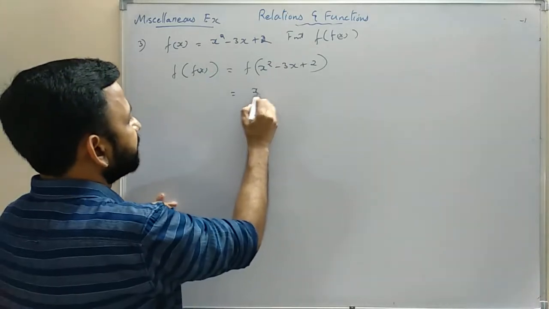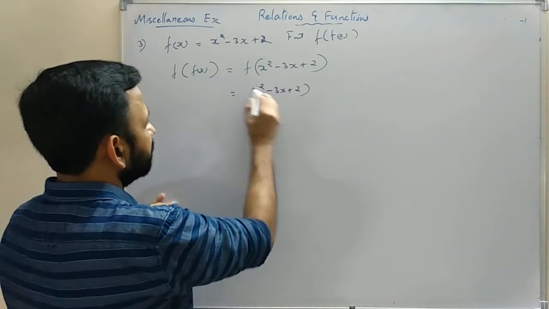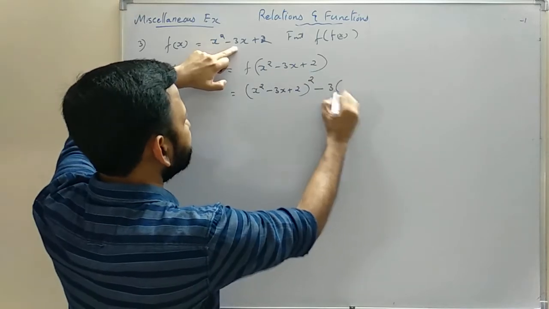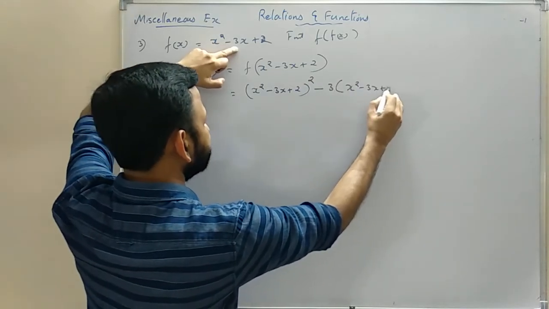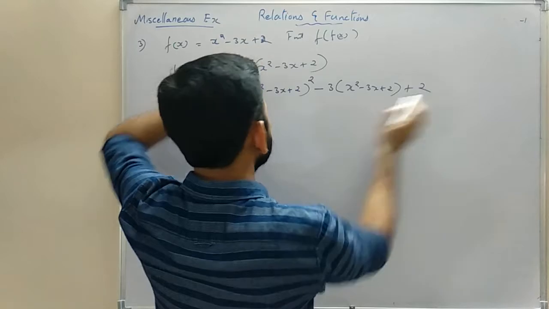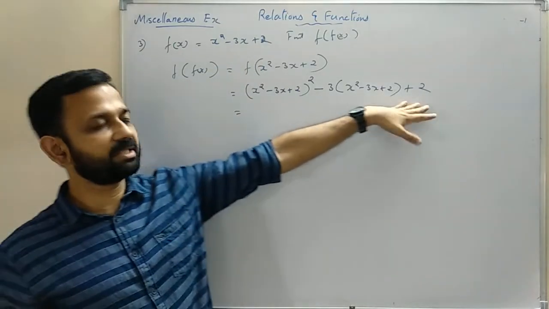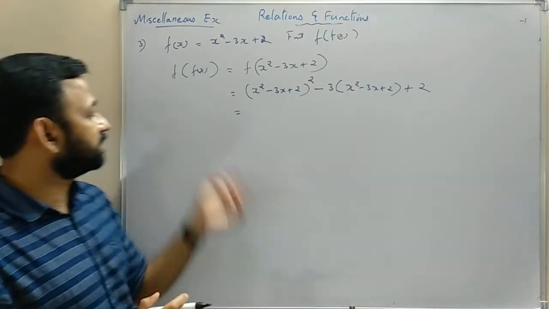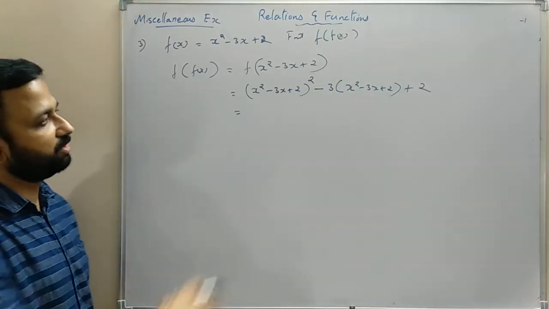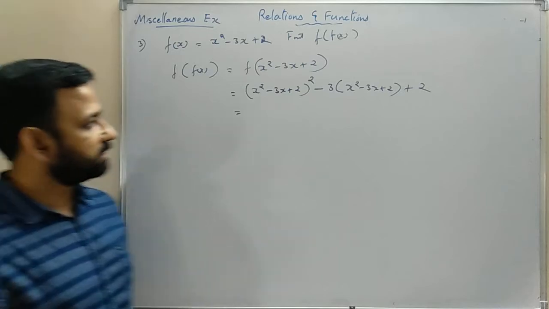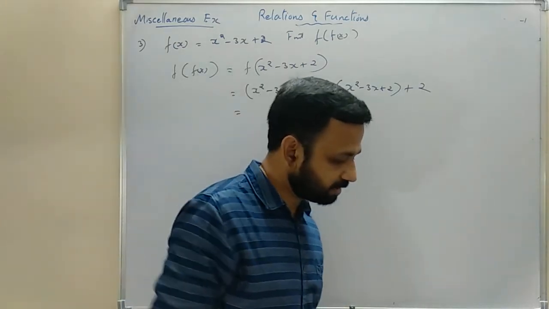So we will get x square minus 3x plus 2 whole square minus 3 into x square minus 3x plus 2, then plus 2. When we simplify, using identities and opening the brackets, we will get a simplified form. So that is f of f of x. You can complete this one. So that is question number 3.